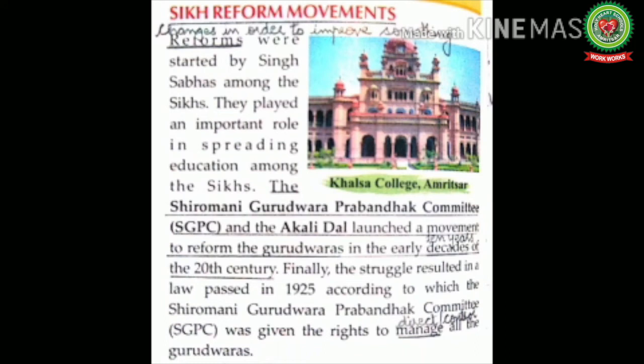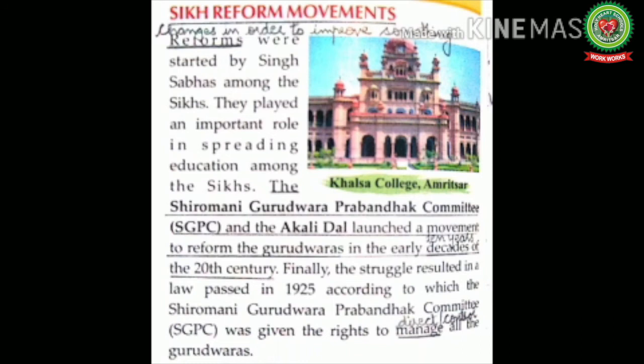Later, in 1920, the Akali movement was launched for the reform of Gurdwaras, which were under the control of priests and Mahants, who regarded the Gurdwaras as their private property. The Akalis and the Sikhs were successful in their struggle when the government passed a new Sikh Gurdwara Act in 1925.